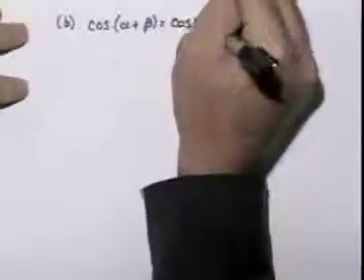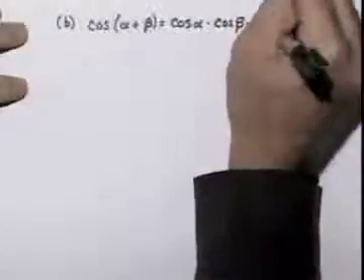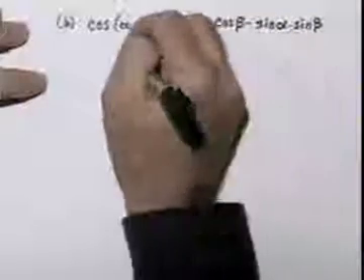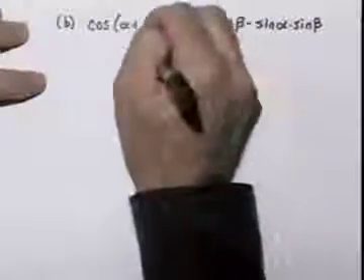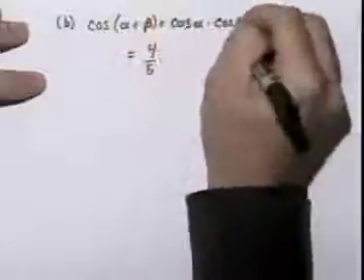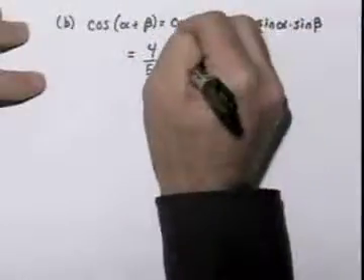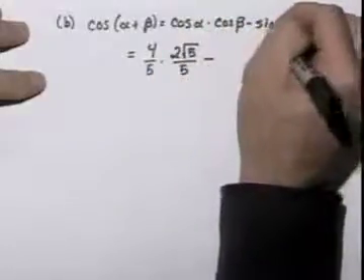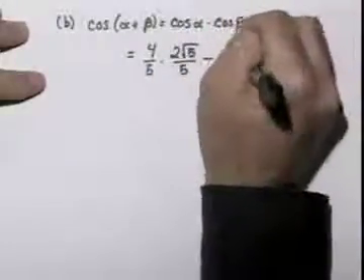Next, I want to determine the cosine of alpha plus beta. Well, the cosine of alpha plus beta is the cosine of alpha times the cosine of beta minus the sine of alpha times the sine of beta. Recall that the cosine of alpha is 4/5. The cosine of beta is 2√5/5 minus the sine of alpha is 3/5.